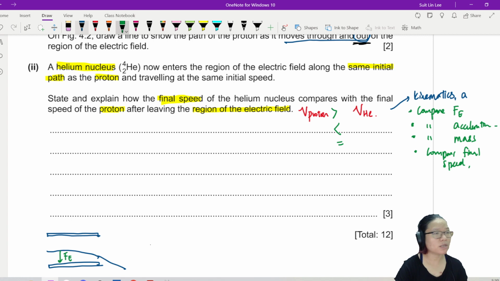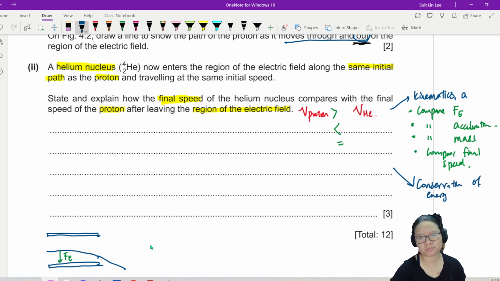Okay. Another way you could go is to think of conservation of energy. For this case, I will need to compare work done by the electric field, and then I will have to compare the gain in KE, and then I would have to compare the mass.